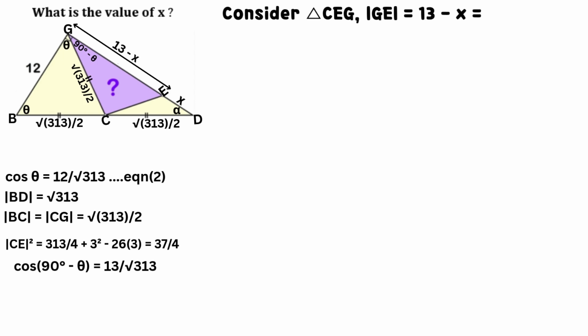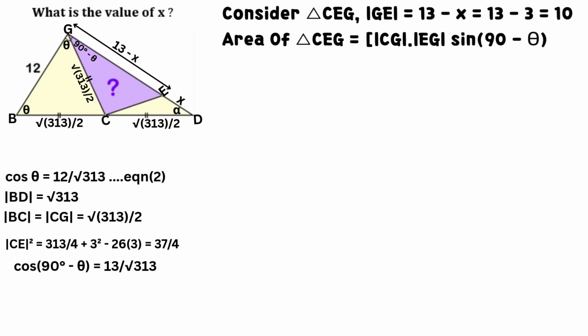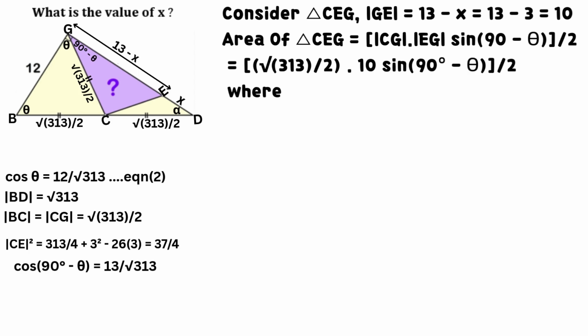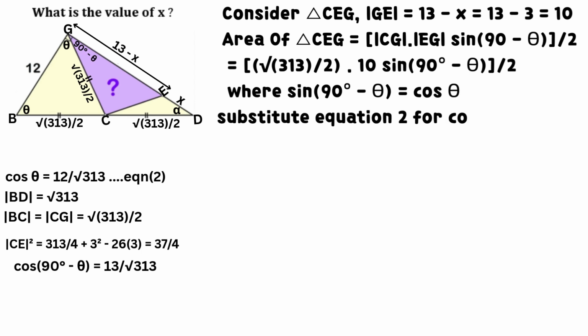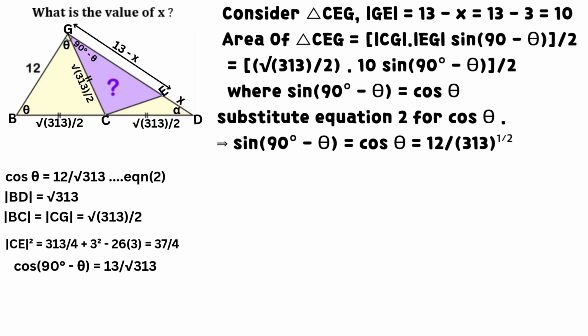Consider triangle CEG. Line EG equals 13 minus x, which equals 13 minus 3. That is, the result is 10. Area of triangle CEG equals half the product of length of line CG and length of line EG times sine of 90 degrees minus θ, which equals the value shown on the screen, where sine of 90 degrees minus θ is equal to cosine θ.